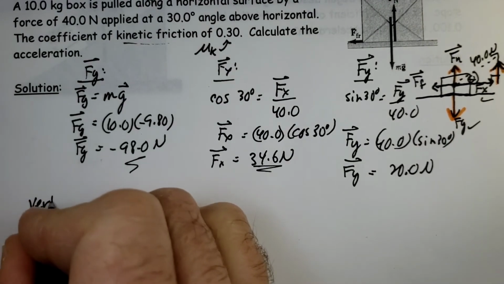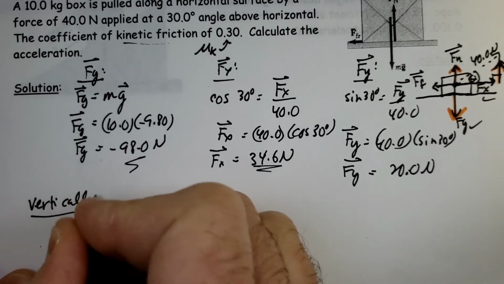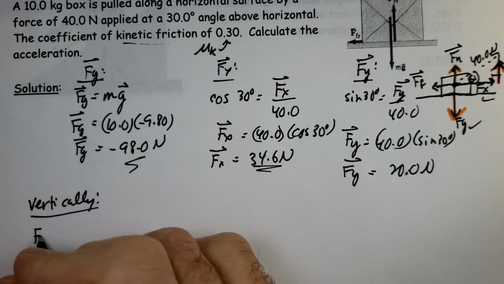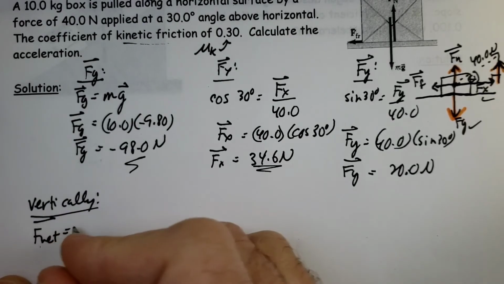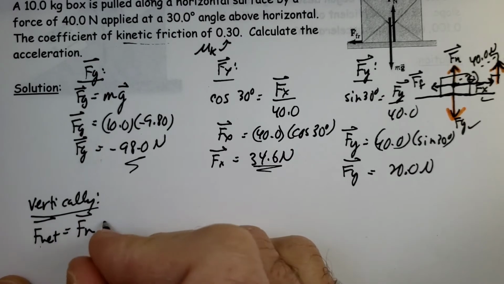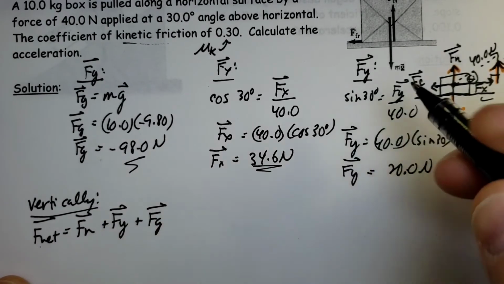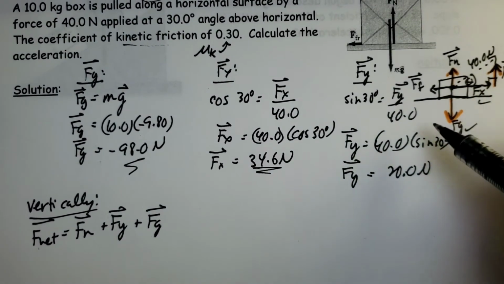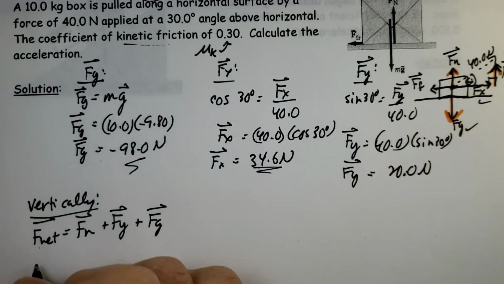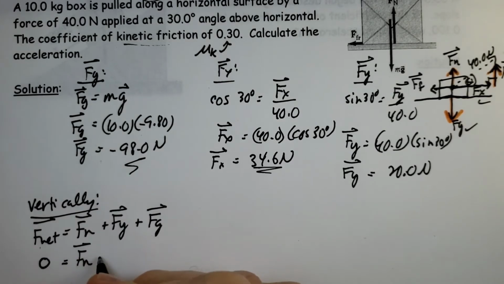So over here, let's see, vertically, F net, all my vertical forces include Fn, Fy, and Fg. And since this box isn't accelerating upwards or downwards, I know that my net force vertically is going to be 0. So Fy, I just figured that out, 20.